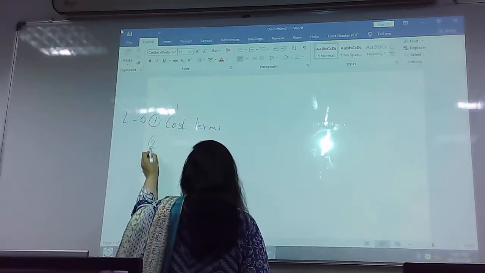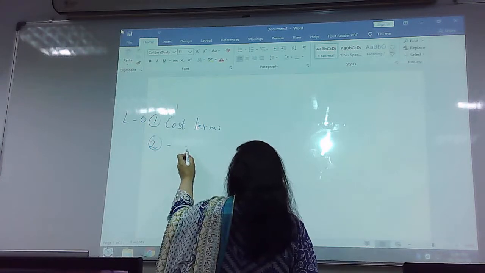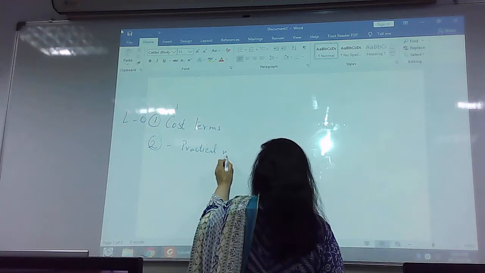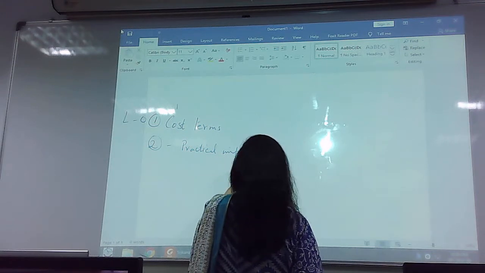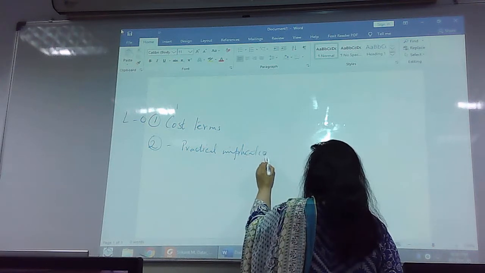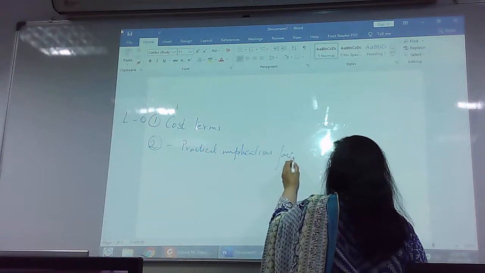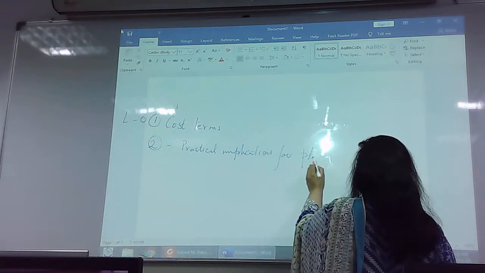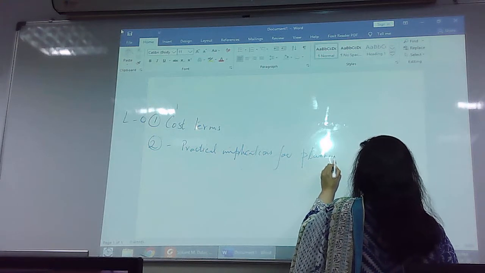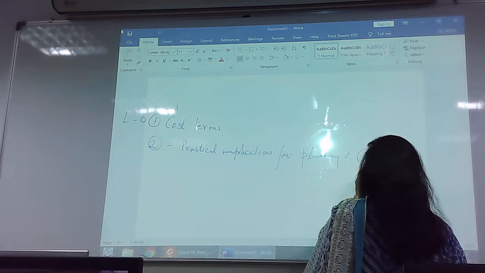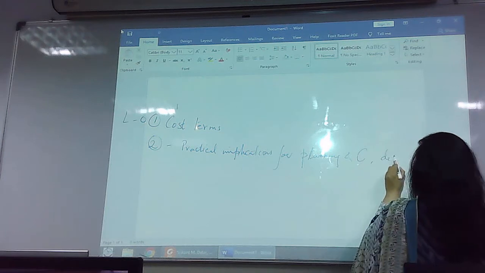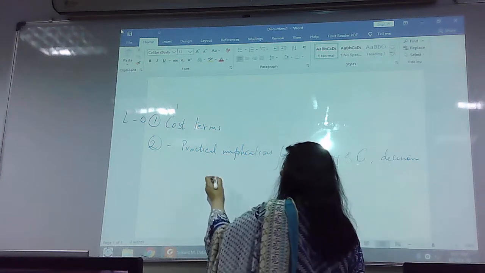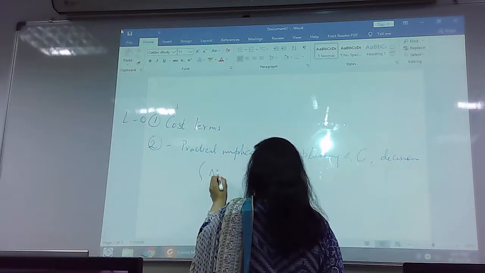Then the second thing is we have to do some practical implications for planning and control decisions. There's going to be just a numerical example.